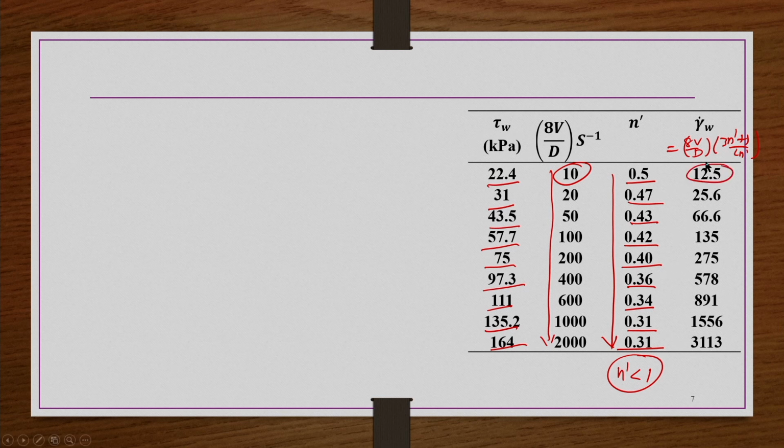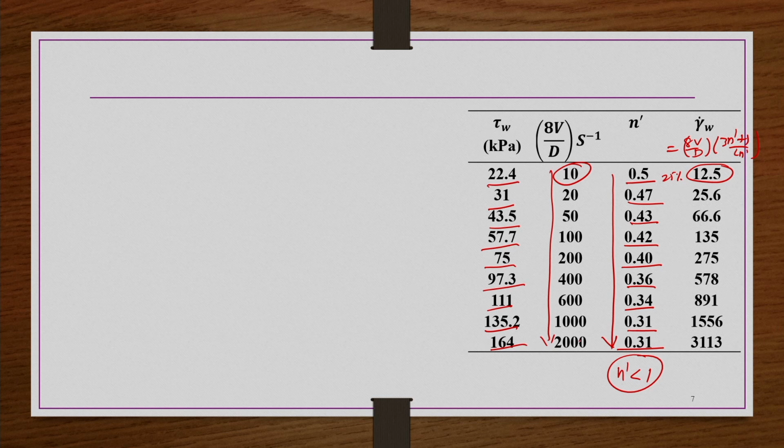You may be thinking only 2.5 second inverse, but it is nothing but 25% difference. 12.5 minus 10 divided by 10, that is 2.5 by 10 multiplied by 100, right. So, then it is coming roughly 25%.